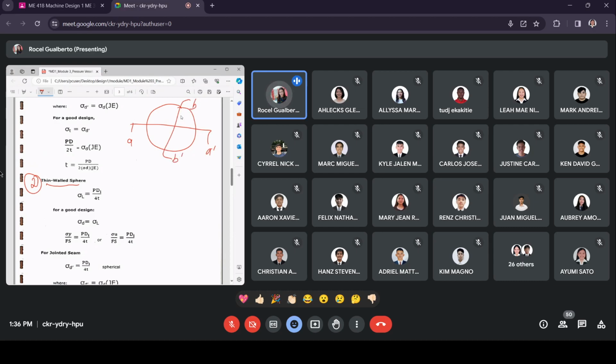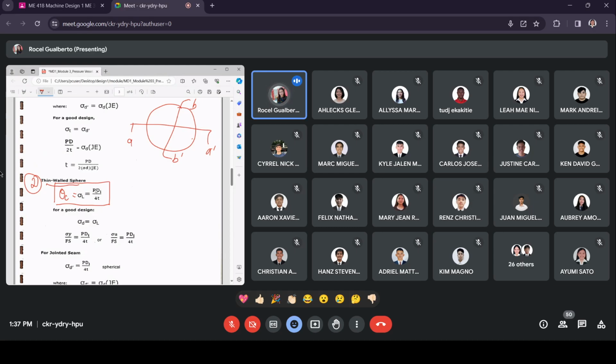In any way we cut it, you result in the same cross section, since it is a sphere. Therefore, the circumferential stress and the longitudinal stress of a sphere are the same. Even if we cut it here, you would yield the same cross section. So the circumferential and the longitudinal stress are simply equal to PD over 4T.